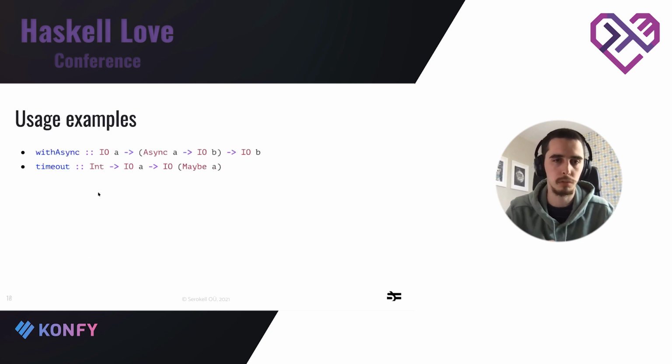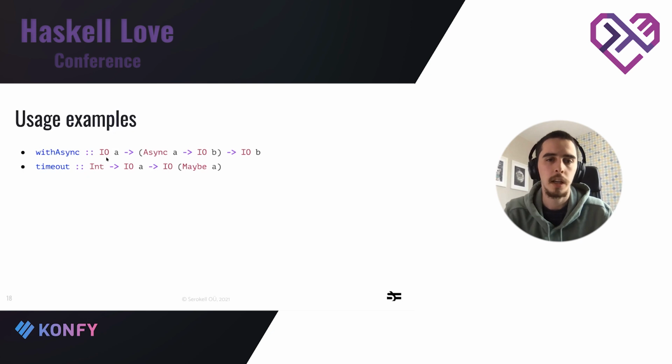There are two good examples which rely on asynchronous exceptions and use them under the hood. The first one is the withAsync function from the async package. It takes an IO a action and runs it in a child thread. So it creates a new thread to run this action. And it takes another action which has an Async a parameter.